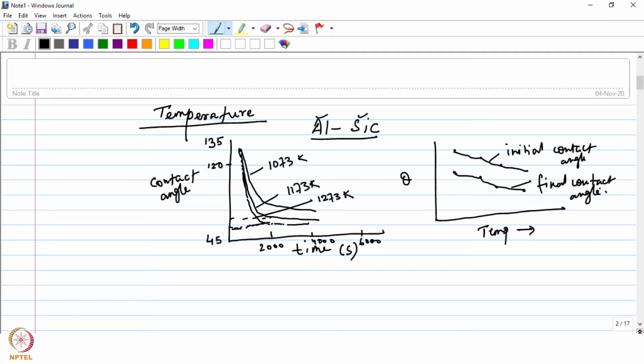Right? So if you have a higher temperature during the processing, you can expect a better wetting to happen. So that is how you decide your process temperature when you talk about a particular composite system. Okay, so this was for this aluminum silicon carbide composite.